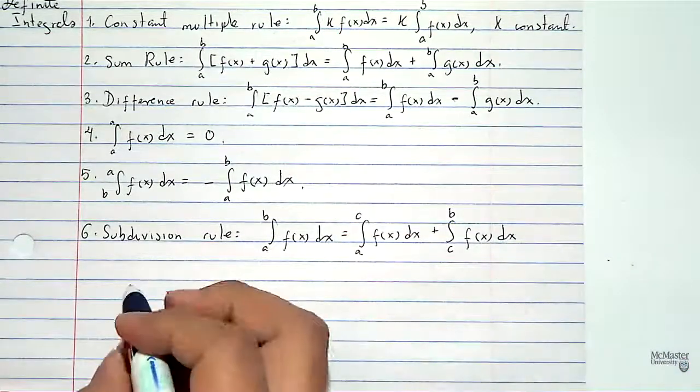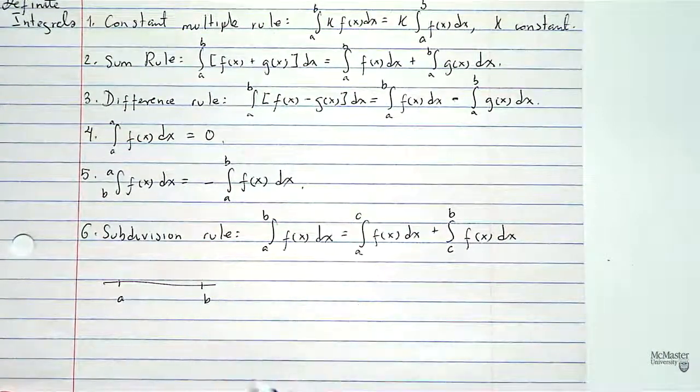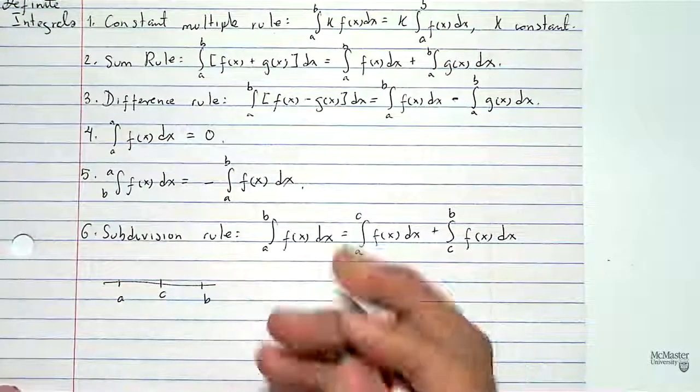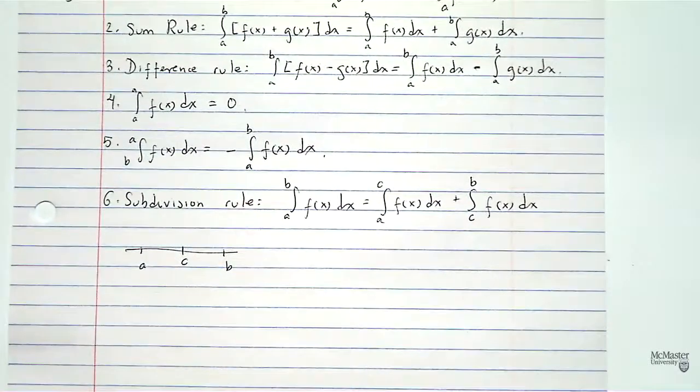So basically, what you have is this interval a to b, and you have a point c in the middle. So this is what it's telling you. Let's say I compute the integral over this interval, right? I can consider first this part and then this other part. That's why you have c as a point between the two ends.